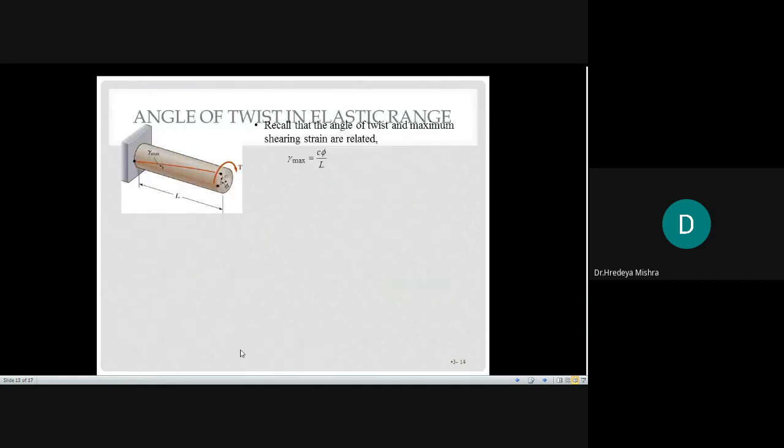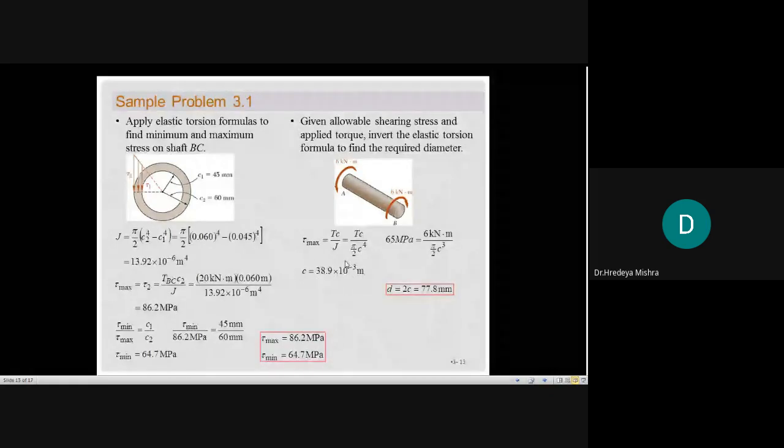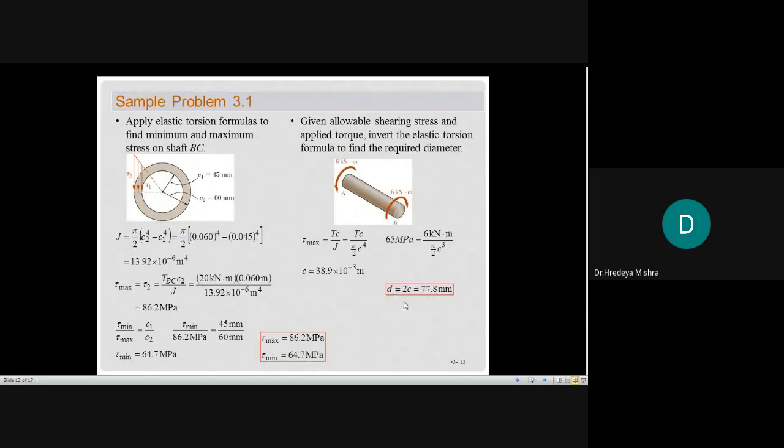Only one value is unknown now, that is c. From here we can get the value of d. c is nothing but the radius, in meters. So we get 2c, that is the diameter, 77.8 mm.